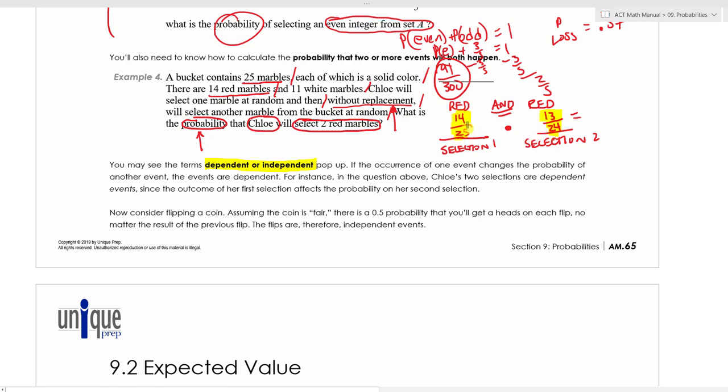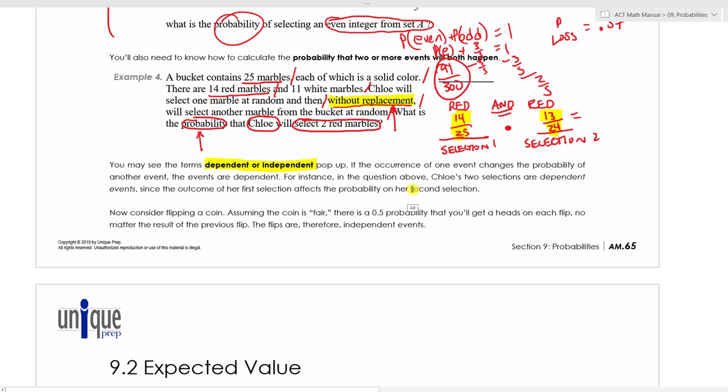The outcome of the first event, drawing the red marble, affected the probability of drawing a red on the second event. If we had replaced the first red marble after we picked it and before drawing the second marble, then these would become independent events. The outcome of the first event has no effect on the second event.